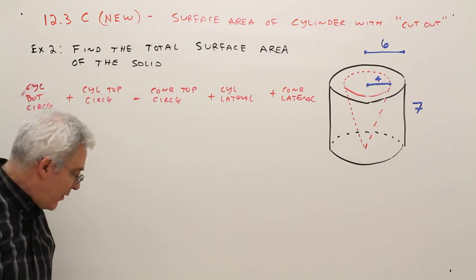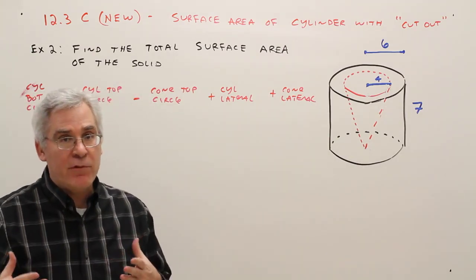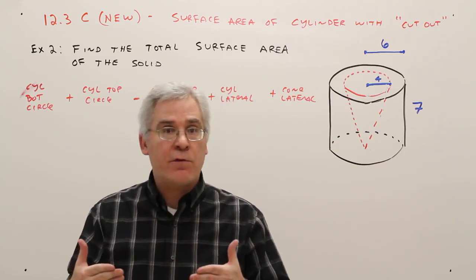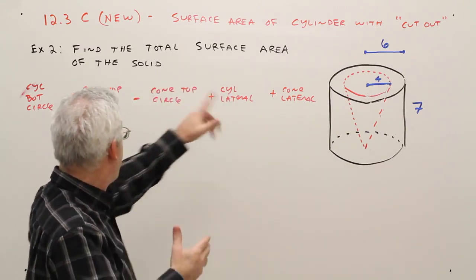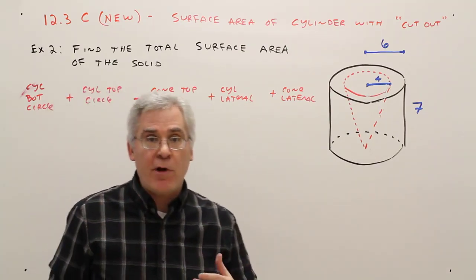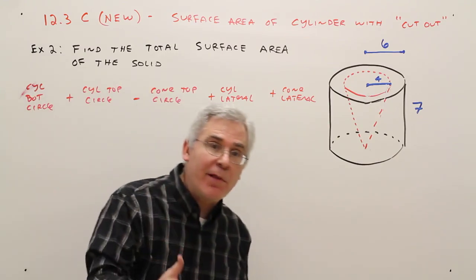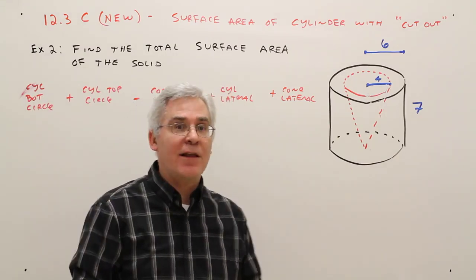So again, I suggest that when you get to complex problems like this, you break it down surface by surface. It's also easier to get partial credit if you make a mistake in one place, but can show correct work for every place else. All right, so now let me write down the formulas, get the numbers, plug them in, and get an answer.